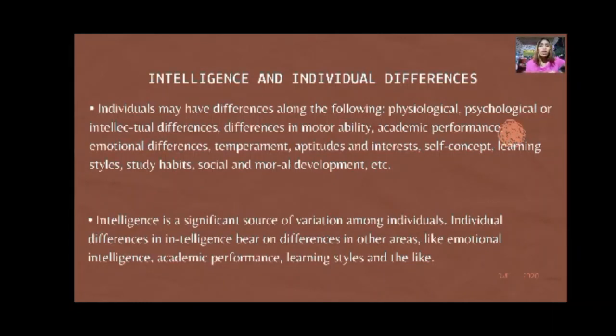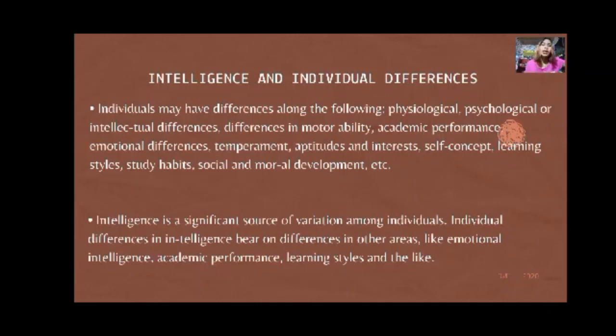Individuals may have differences along the following: physiological, psychological, or intellectual differences, such as differences in motor ability, academic performance, emotional differences, temperament, aptitudes and interests, self-concept, learning styles, study habits, social and moral development, and so on. Heredity and environment are the two main factors that explain individual differences.